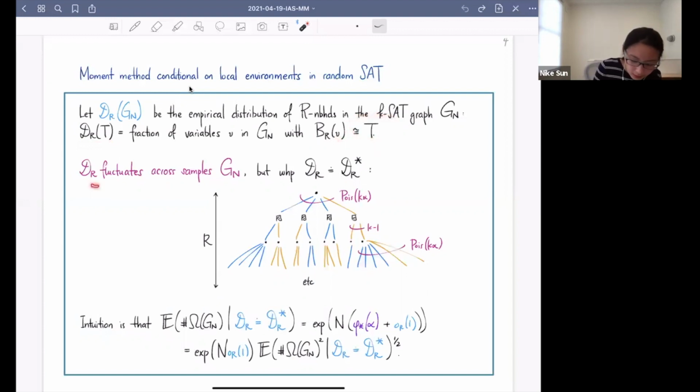So D_R is random. So when you sample the random graph, it will have some random distribution of local neighborhoods. But with high probability, it will concentrate on a particular distribution, which I'll call D_R star. And it's the distribution that you expect to see in the random graph, which is, again, Poisson degrees for the variables and then degree k for the clauses. And all of these are independent Poisson random variables.